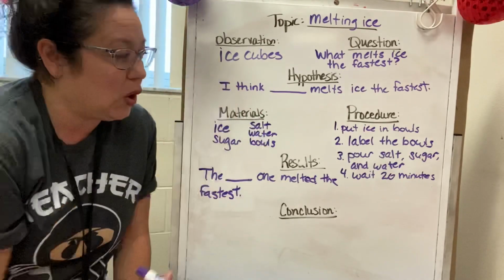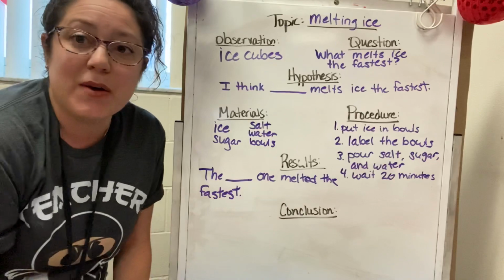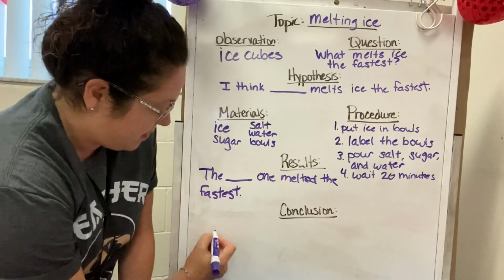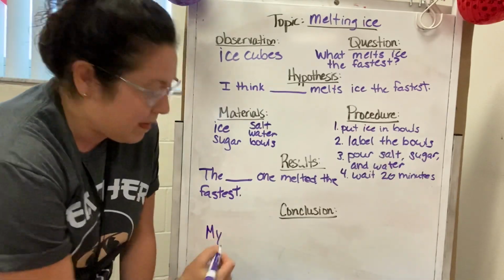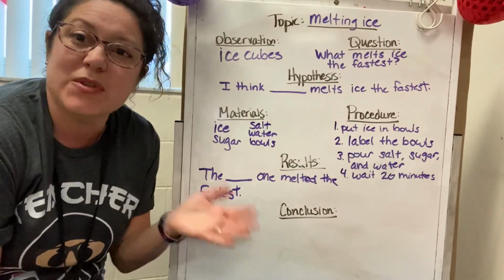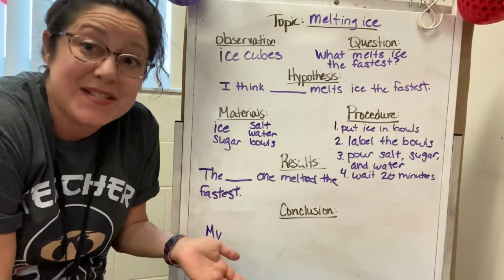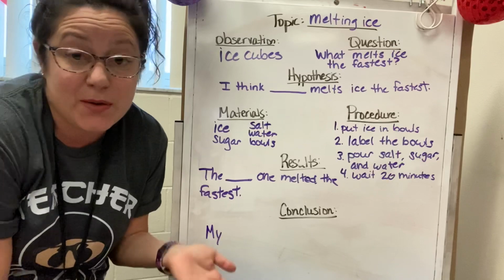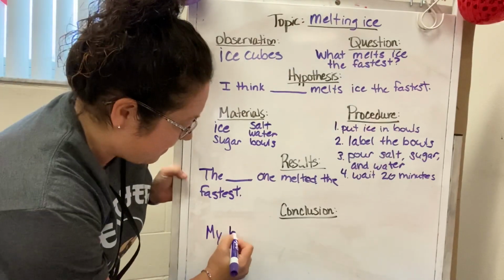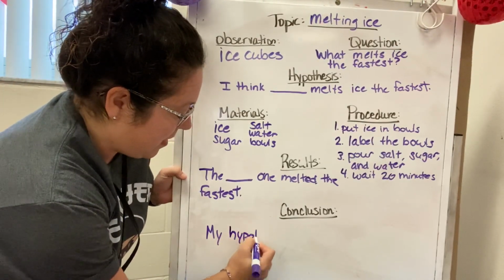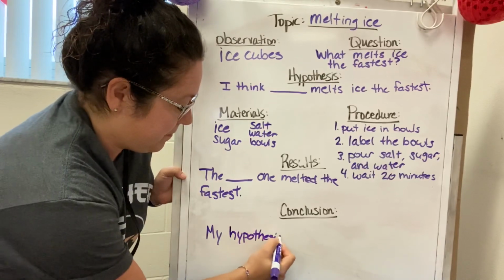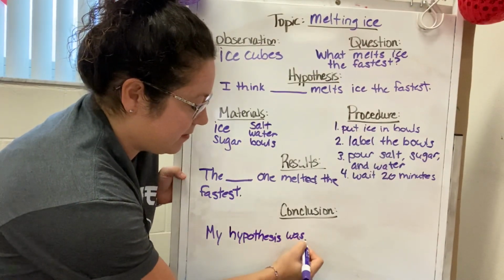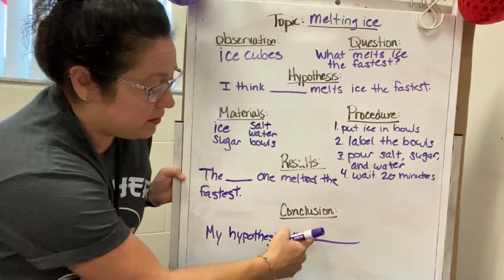Now, after you finish the whole experiment, in your discussion post, you're going to type in your conclusion. Remember, conclusion is if your hypothesis was correct or not. And it's okay if your hypothesis was wrong. Again, that's why we do experiments. My hypothesis was correct, or not correct.